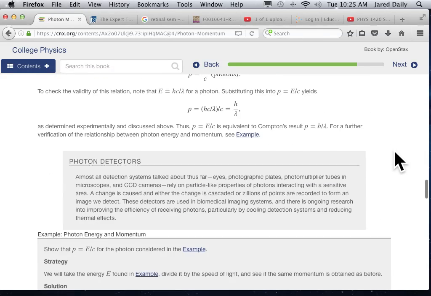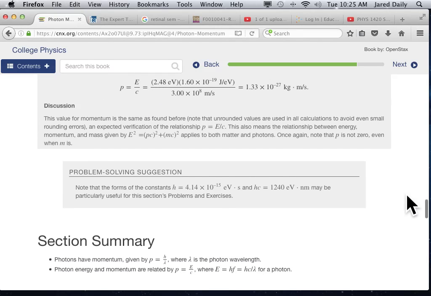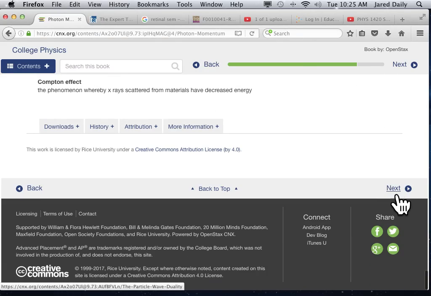Here they're just showing the example. They want us to show that momentum is equal to the total energy over c for the photon. In the previous example, it's fine. It works out. But anyway, it can get relativistic in a quick hurry. No pun intended.